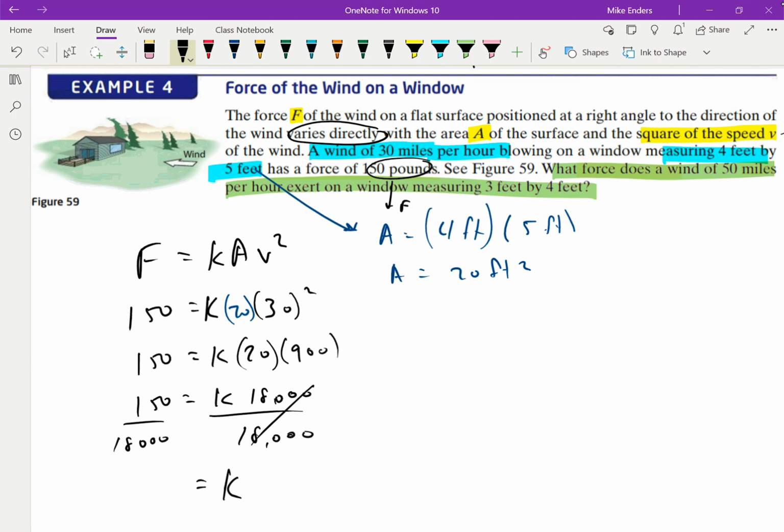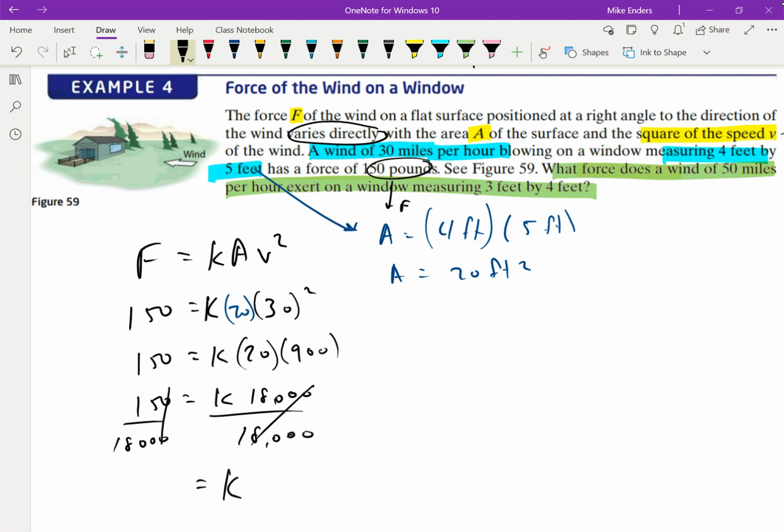So we've got 150 divided by 18,000, and we get 0.0083, and the 3 repeats. Since we got a repeating value, let's reduce this fraction.